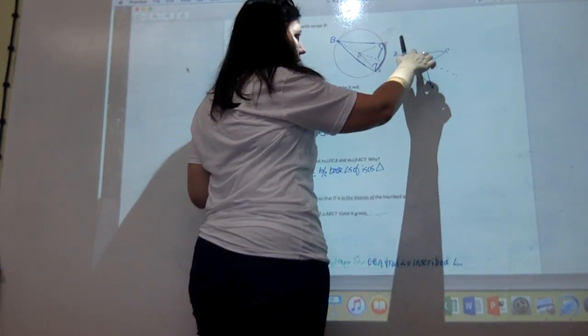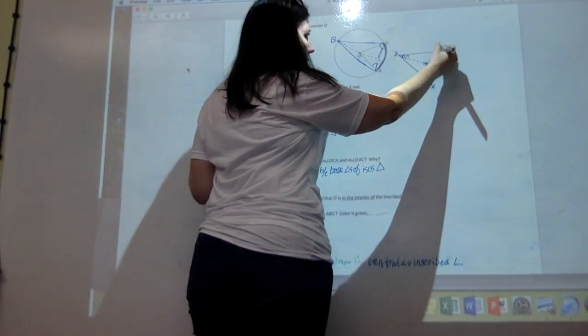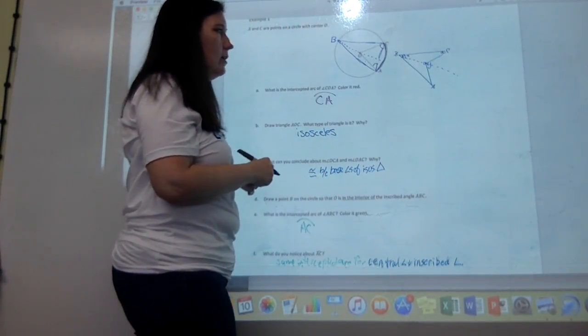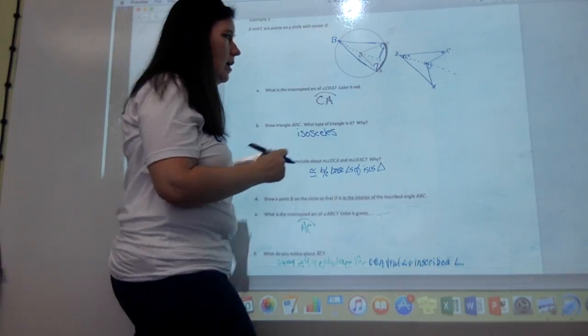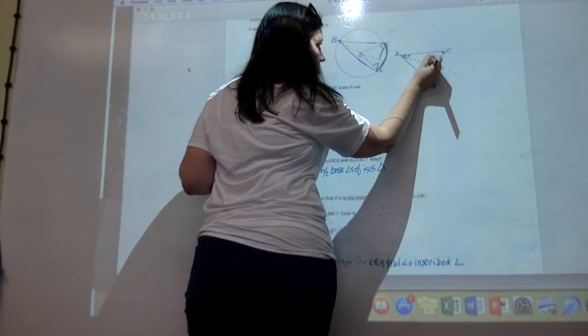So if this angle is A, that means this angle is A. And then this is 180 minus 2A.